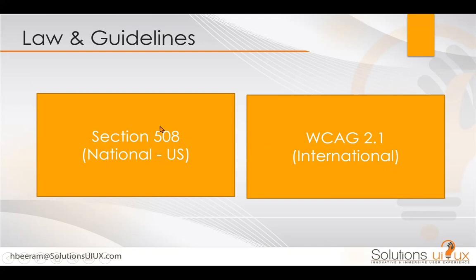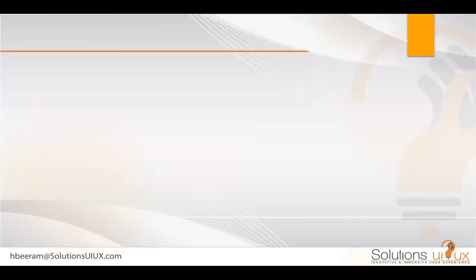When you just try to do Section 508 and do not go toward the international side, but your website is multinational and you are doing business in other countries, you are probably better off following the international guidelines, the Web Content Accessibility Guidelines. We are going to go into the details, but for now, just understand that there are guidelines and there are laws. It's the first step.